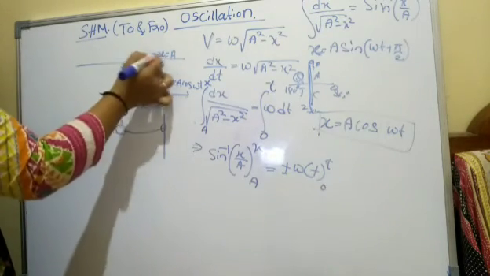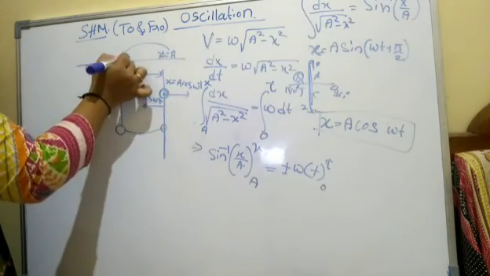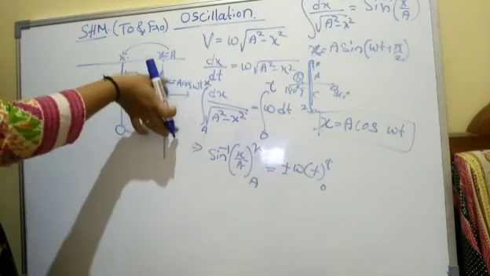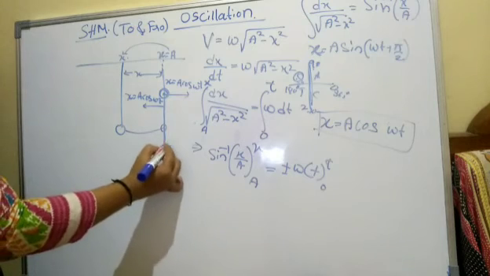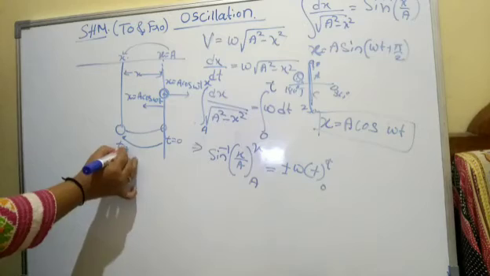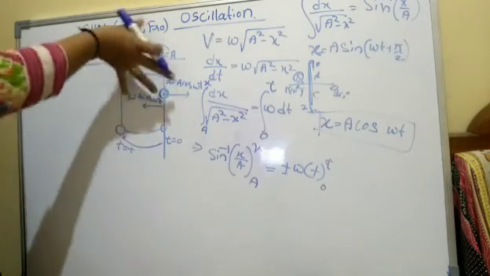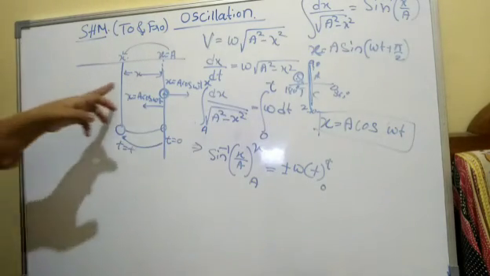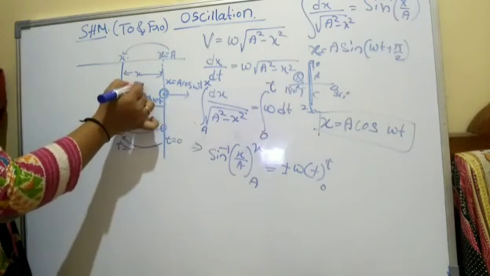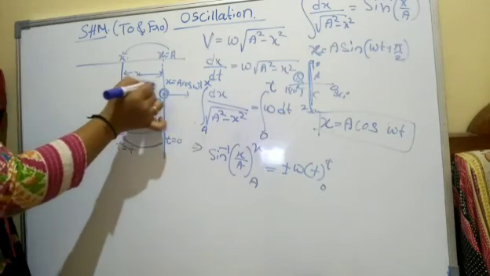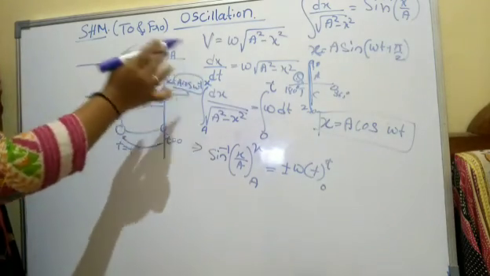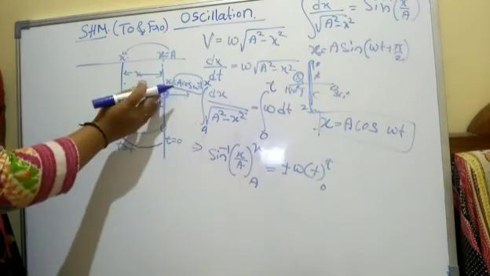It is moving from a to x, from the extreme position to the mean position, where it started the simple harmonic motion or to and fro motion at time t equal to 0 to t here. So this diagram you should remember: when the particle is at the extreme position, and the particle may be within the mean position and the extreme position, that time also this is the same here, a cos omega t, this side and this side.